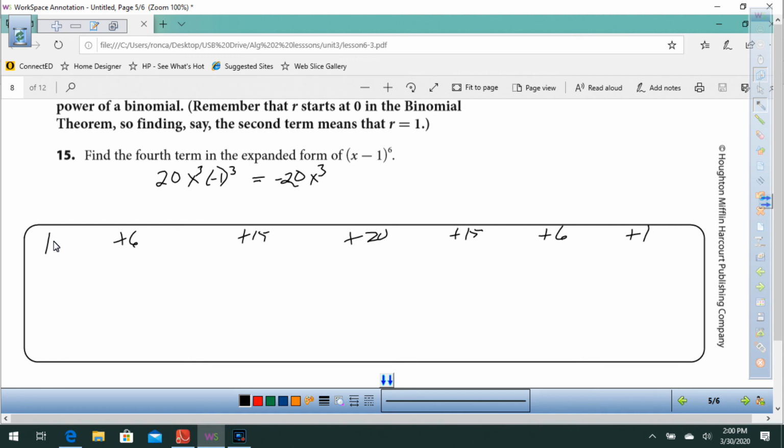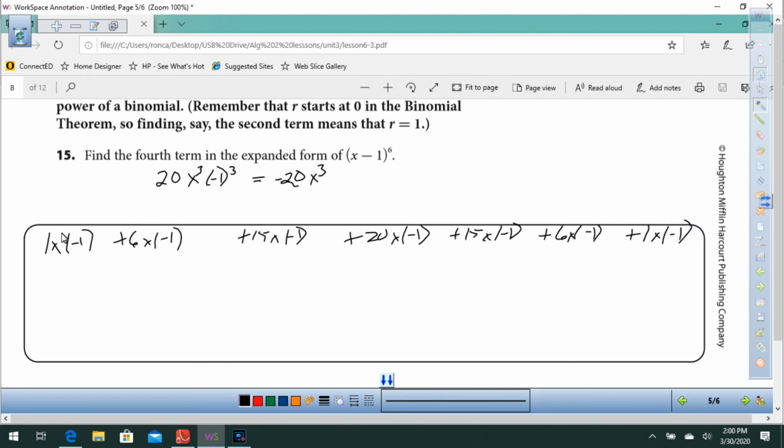And we got x, x, x, x, x, x, x. And then we got negative 1, negative 1, negative 1, negative 1, negative 1, and negative 1.